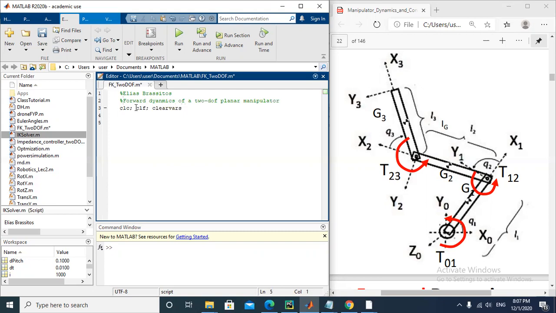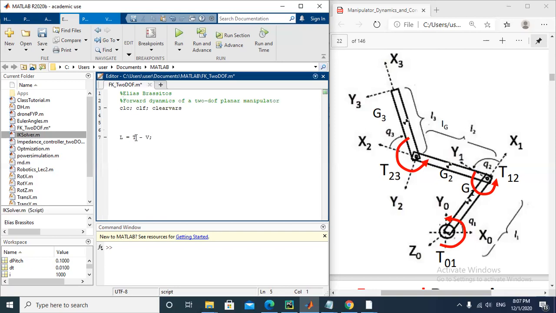All right, just a recap, what are we doing? We're basically finding Lagrange, and we said Lagrange is equal to the total kinetic energy of the system minus the total potential energy in the system. How do I find the total kinetic energy?